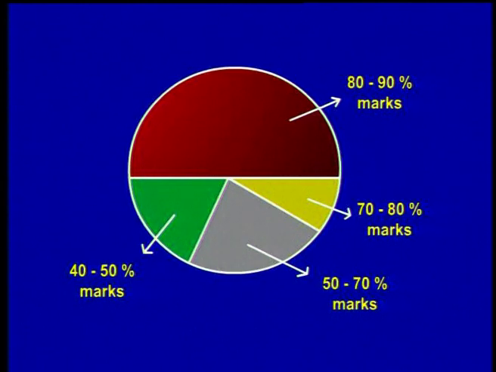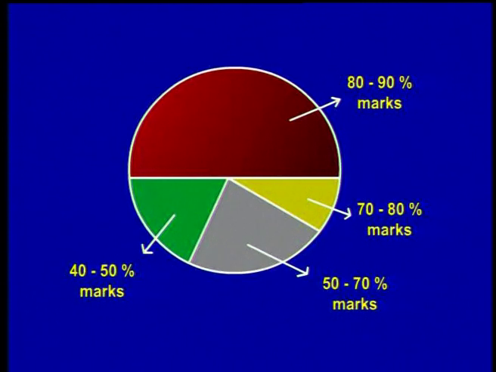So, it is 100% would be the total strength of the class, out of which there are divisions which have been made. The circle is divided into parts to indicate how many students fall into which range of marks each.